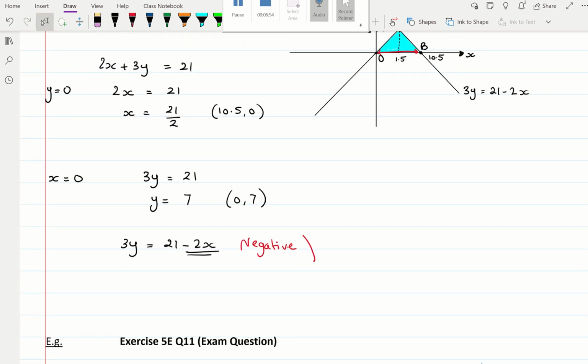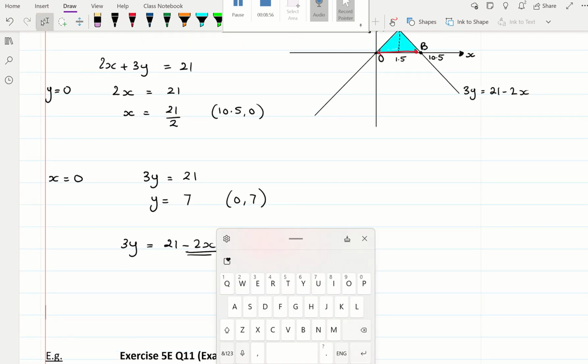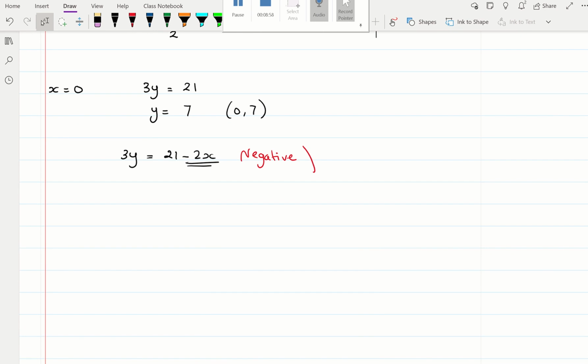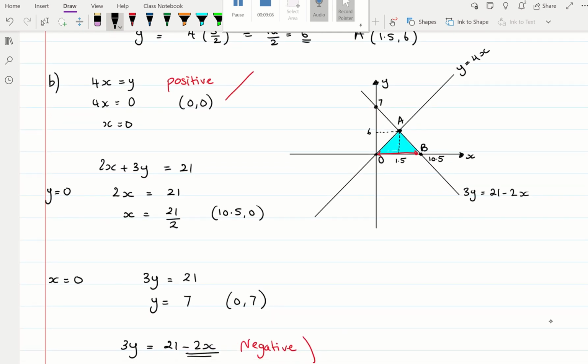So the base of the triangle, the base is 10.5. The height of the triangle, so that's the base.